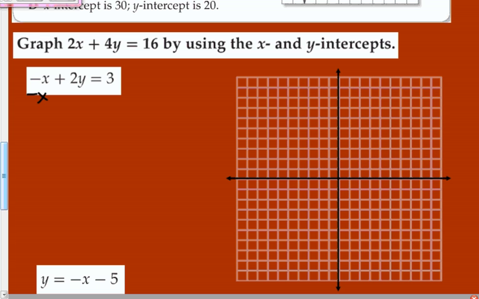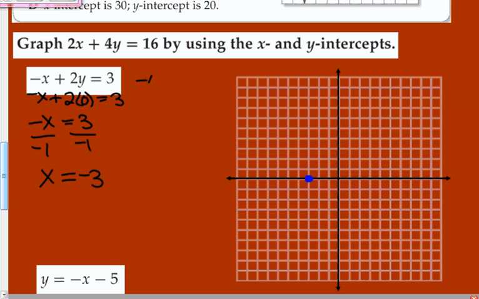So I've got negative x plus 2 times 0 equaling 3. 2 times 0 is 0. Negative x equals 3. First intercept. I'm going to come over here and put a dot on x at negative 3. And I'm going to go back and solve it again, making x 0.